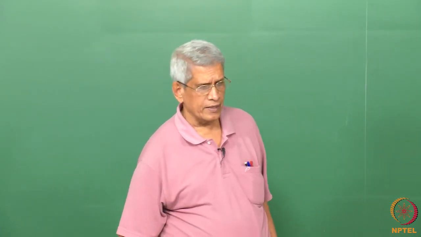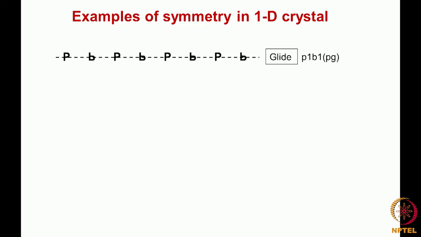Here what I have done essentially is taken that lattice, okay, and if I shift the bottom portion by a by 2, then all the atom positions will come in between, right? Bottom portion is shifted, top portion remains the same. That is exactly what has been done.